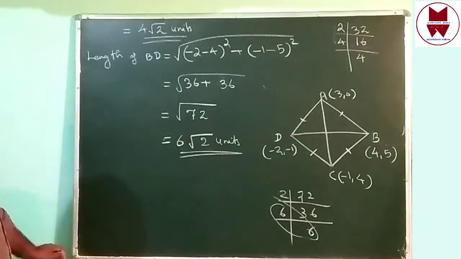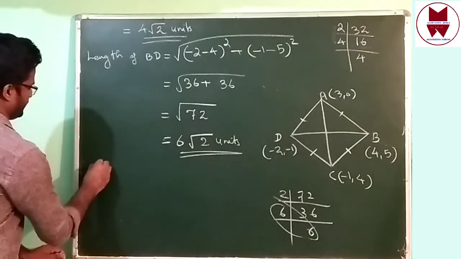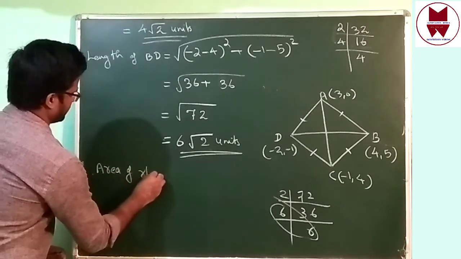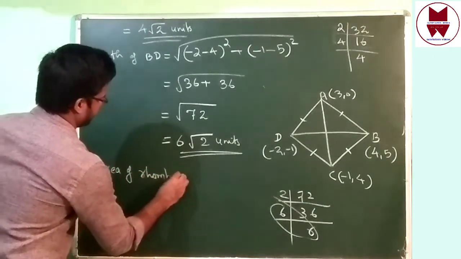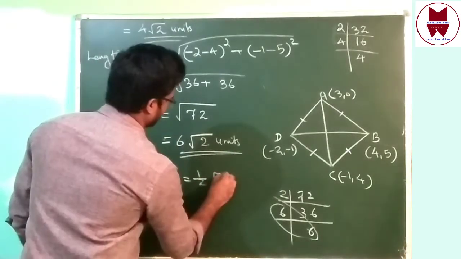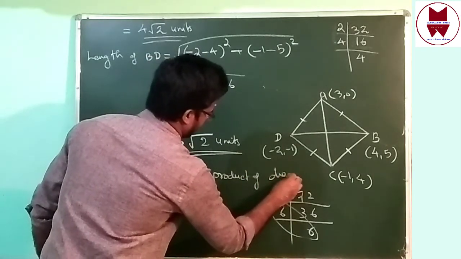Now we got the length of AC and the length of BD. Therefore area of rhombus equals 1 by 2 product of diagonals.